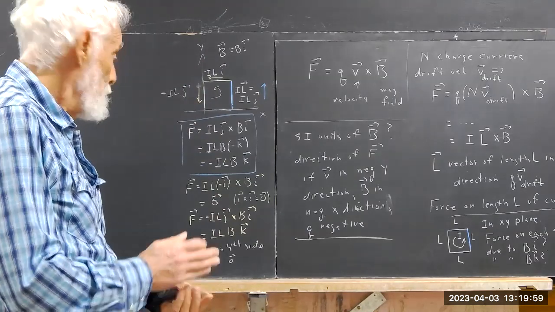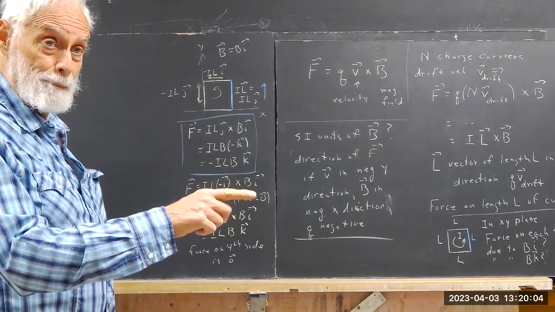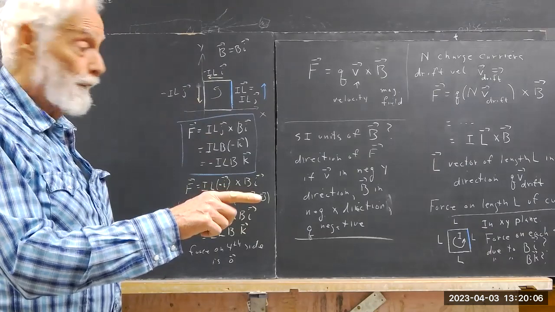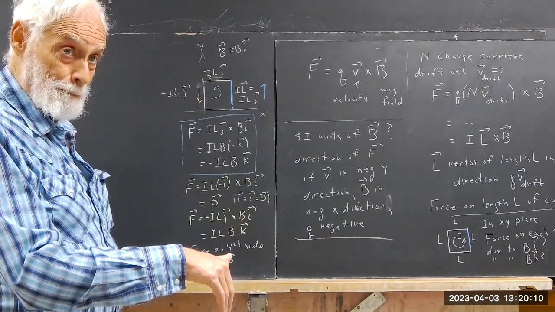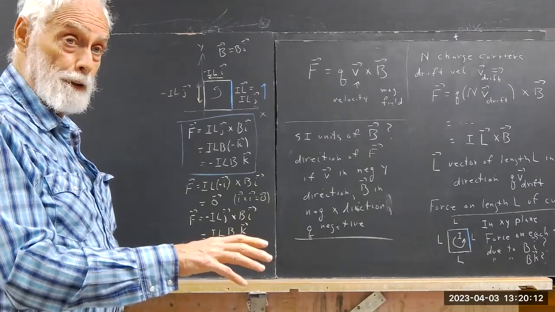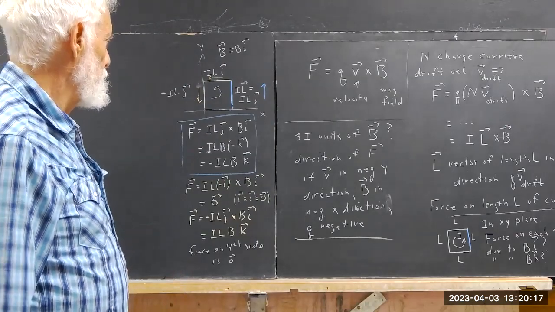Well, the moment arm is a vector from here to here, so the moment arm is Li. You multiply that by negative ILJ. What's negative I cross J? Shouldn't be.